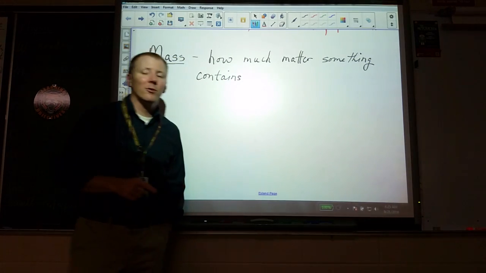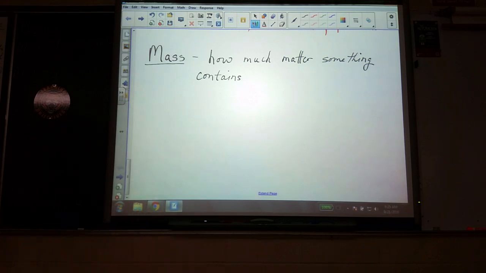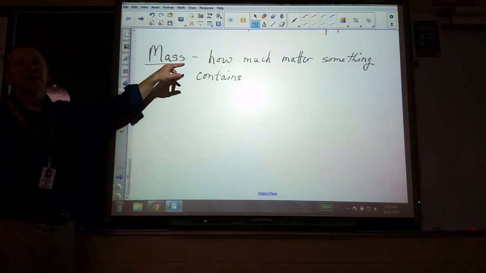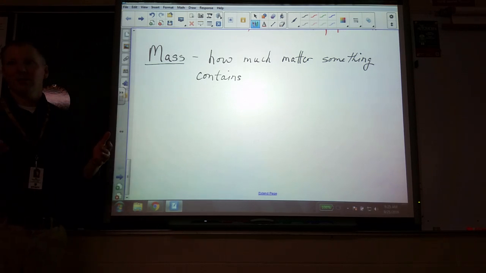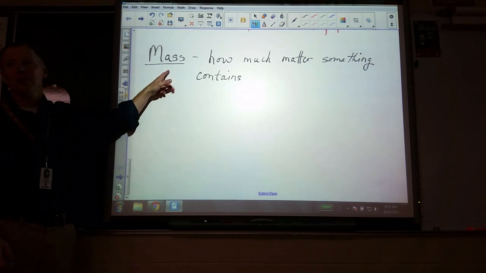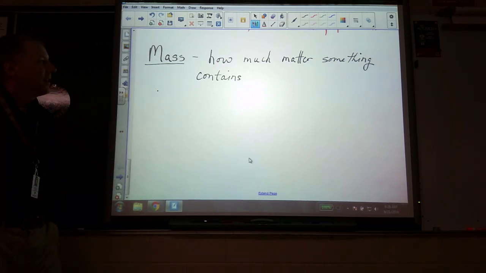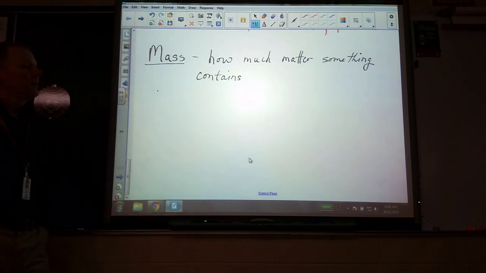It is different than weight because weight is really the force of gravity acting on us, and weight depends on mass, but it also depends where you are. On the moon, your weight would be very different than it is here, but your mass would be the same because you would be made up of the same amount of matter.